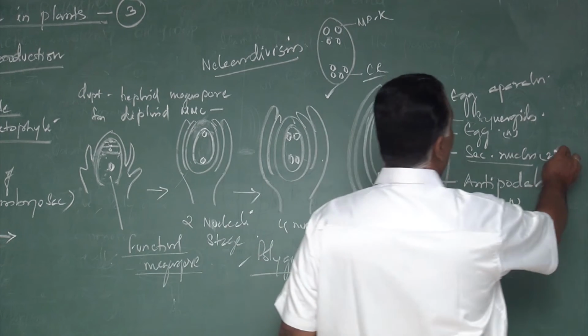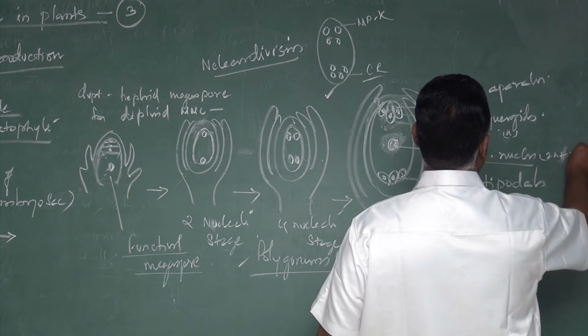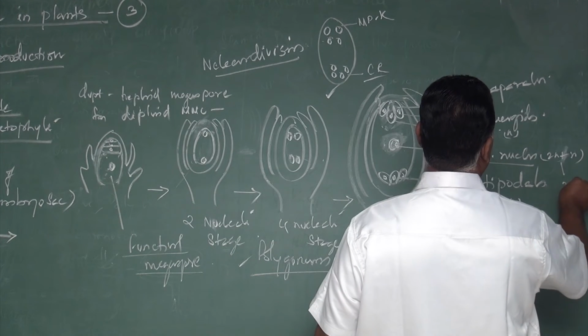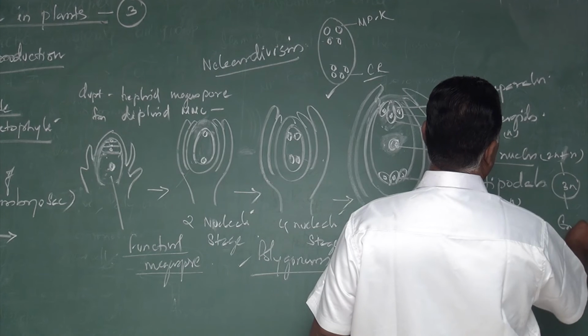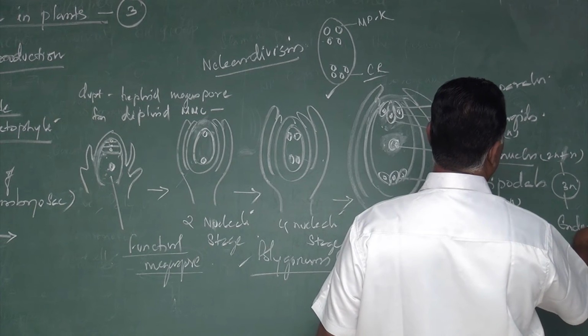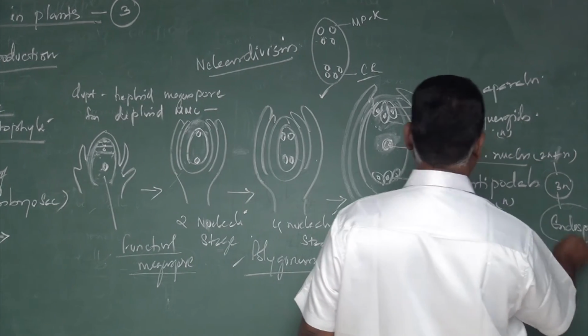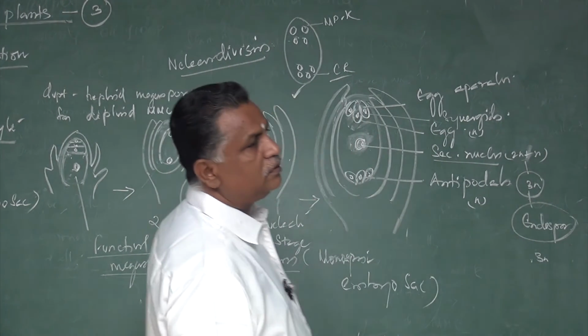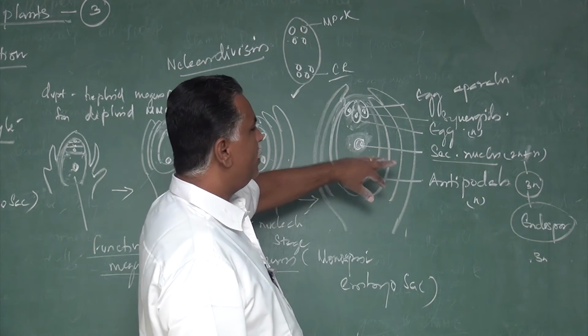When the male gamete fuses with the secondary nucleus, we get 3n, which is going to develop into endosperm. So this is an additional point: endosperm in angiosperms is triploid. That is a NEET based point.